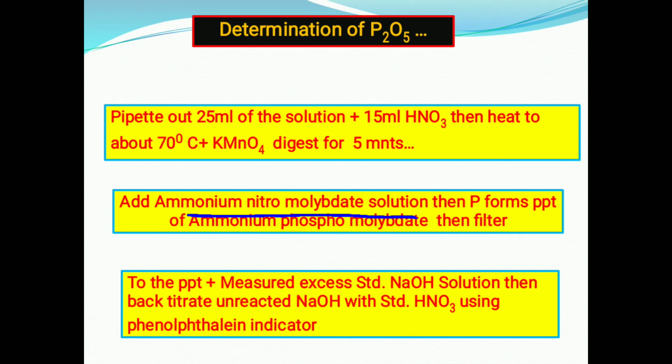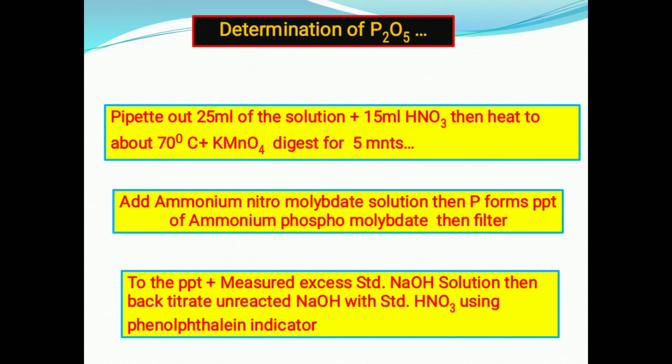Whenever you add ammonium nitromolybdate solution, because of the addition of all these constituents like HNO3, phosphorus will be converted into phosphate form. That phosphate will react with ammonium nitromolybdate to produce ammonium phosphomolybdate precipitate.